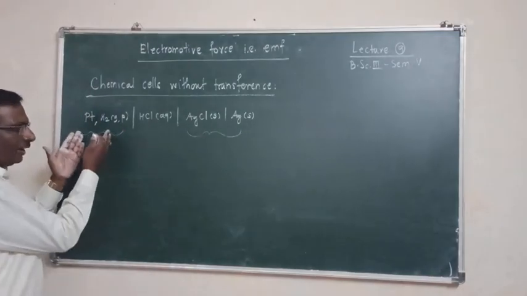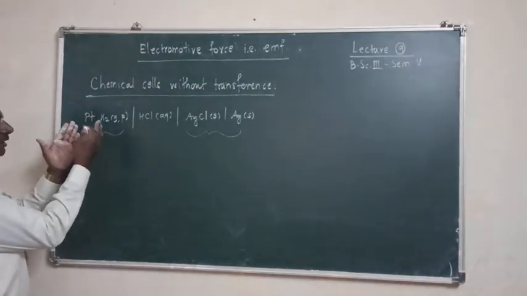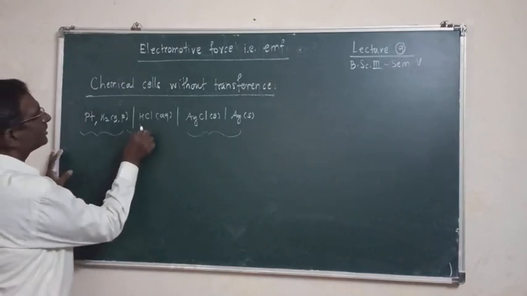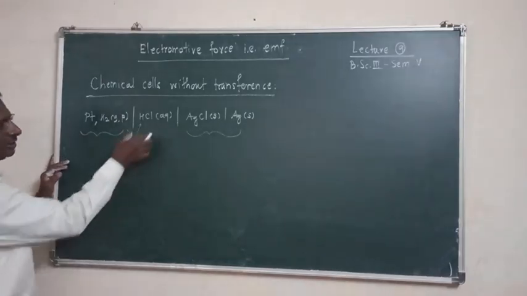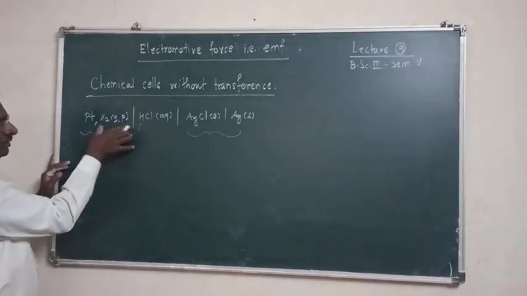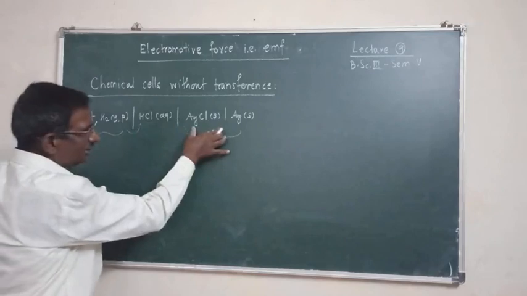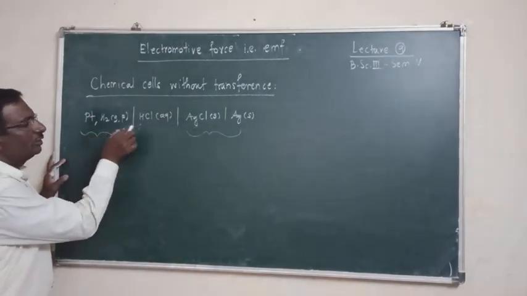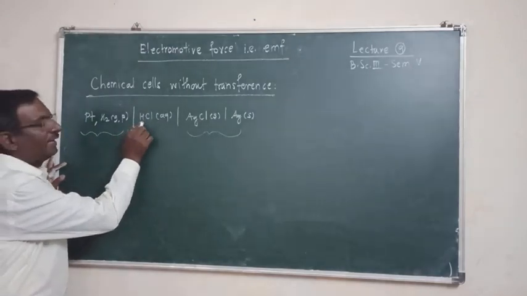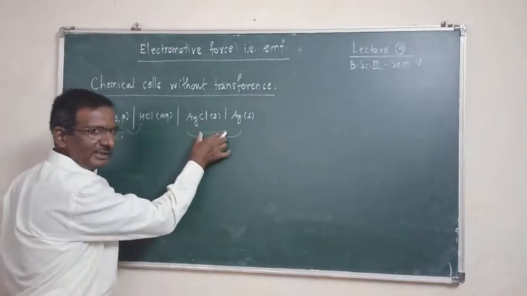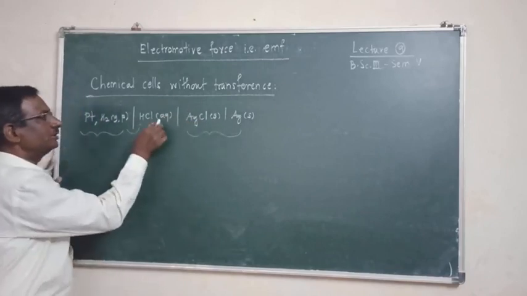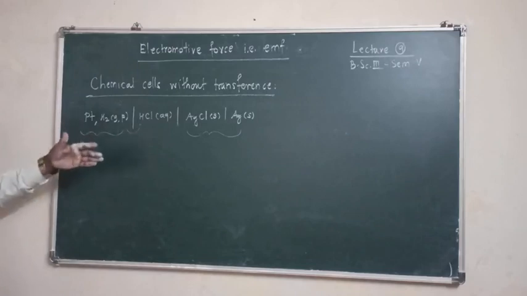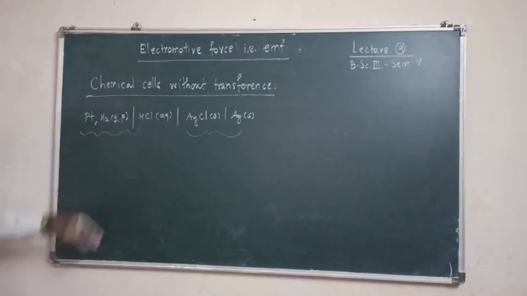In this cell, the hydrogen electrode is reversible to the cation, meaning H+ ions of the electrolyte HCl. Therefore, the hydrogen electrode is reversible to H+ ions of the electrolyte, and the AgCl electrode is reversible to Cl- ions of the electrolyte HCl. So this example clears the definition.